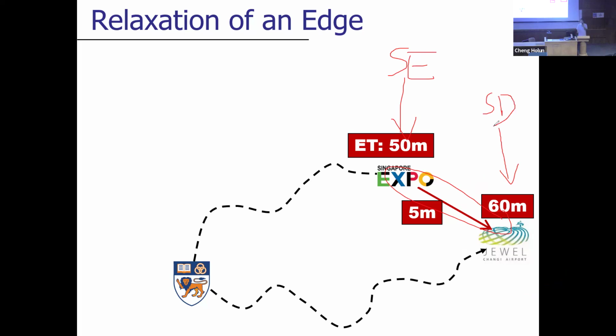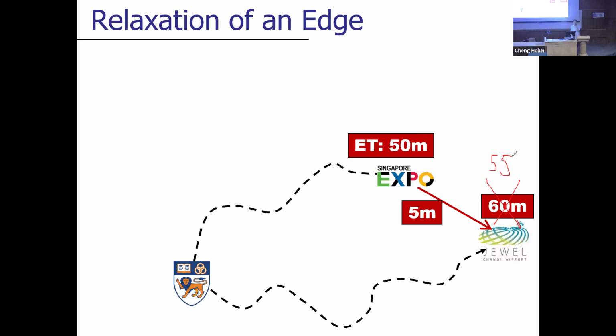I can use these three pieces of information to decide whether the edge's destination will be improved. So in this case, because I know I can do 5 minutes from Expo to Changi, that means I can improve this estimated distance to 55.